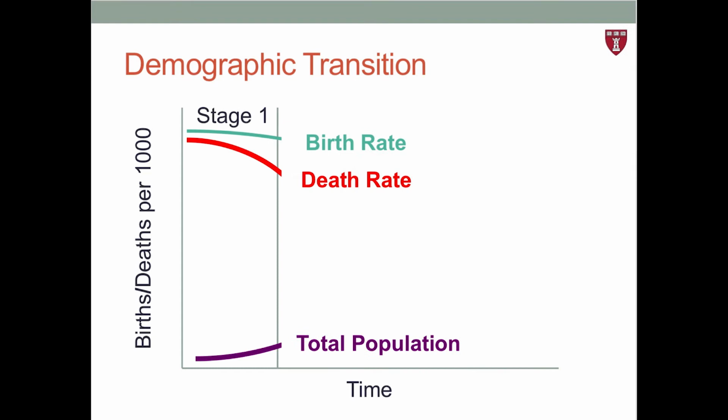What do you notice about the birth rates and the death rates here? And what about the total population? You can see that the birth rate's relatively high, the death rate is also relatively high, and the population is lower. So we're seeing a lot of births and a lot of deaths, and because of that, we don't see a lot of population growth.